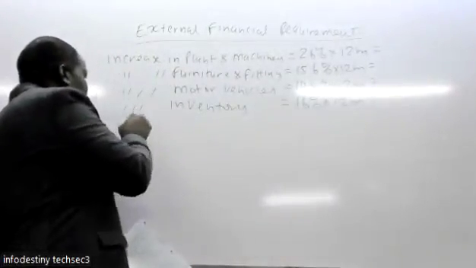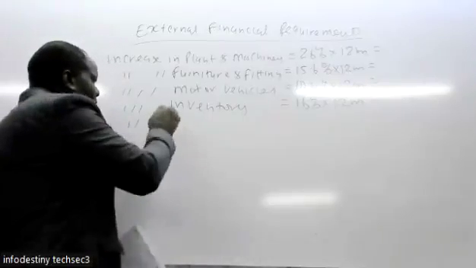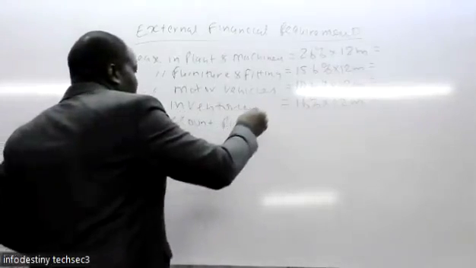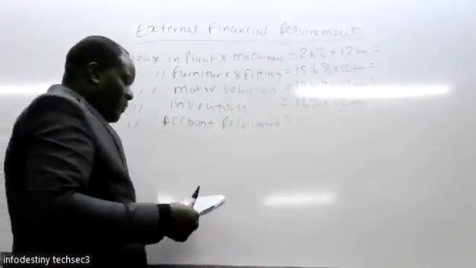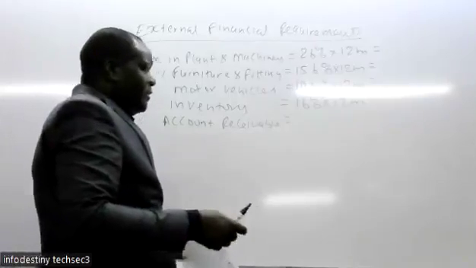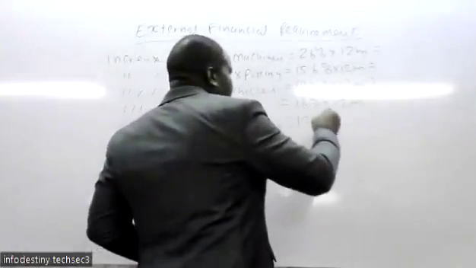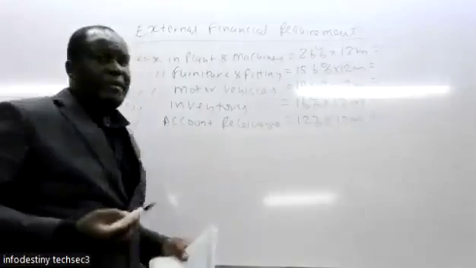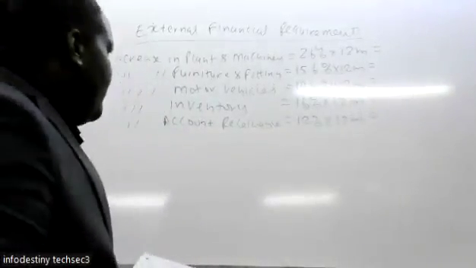Then the next one will be the increase in account receivable. What was the percentage? 12%. So get 12% of the 12 millions.